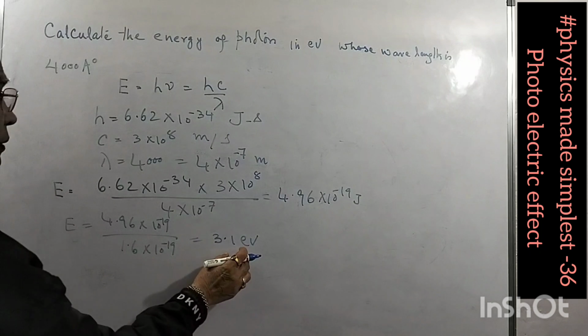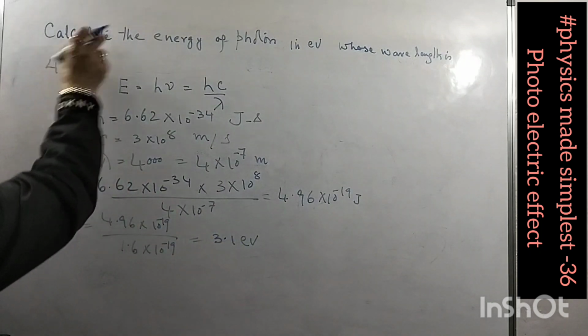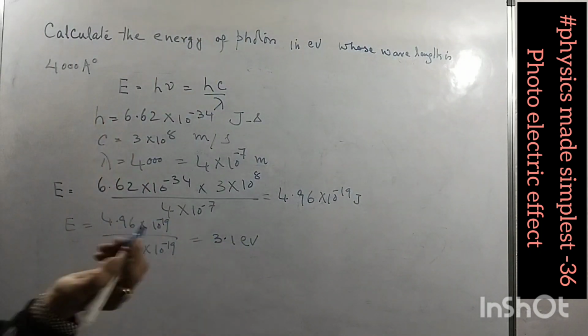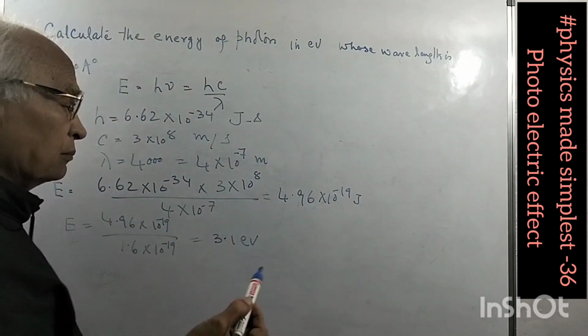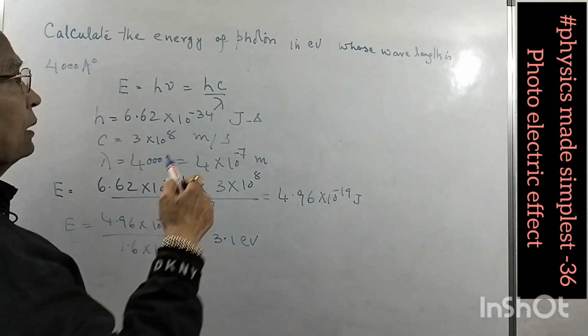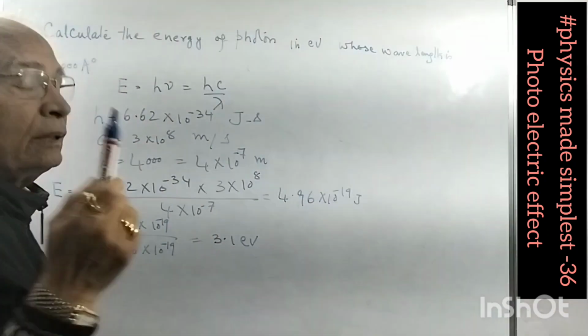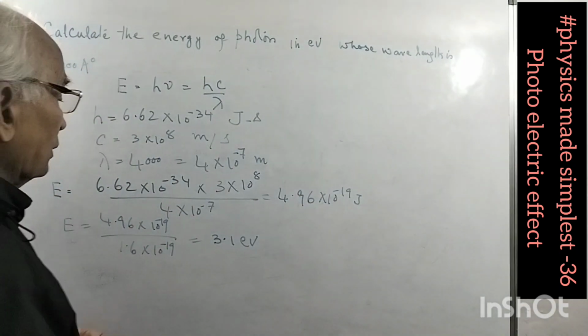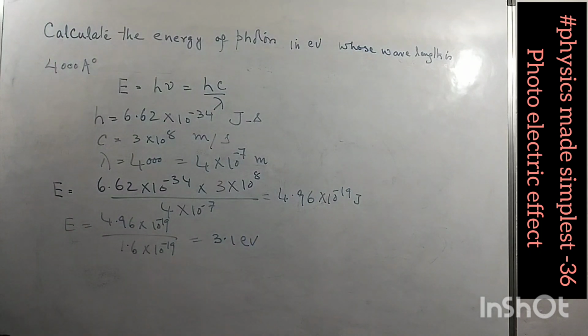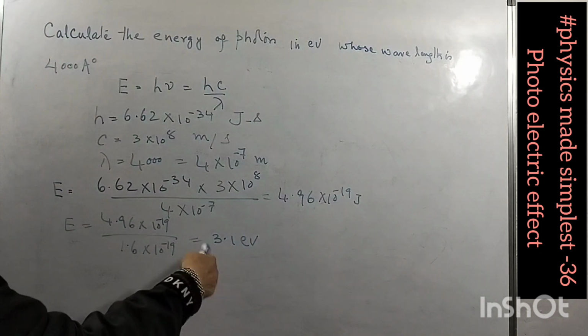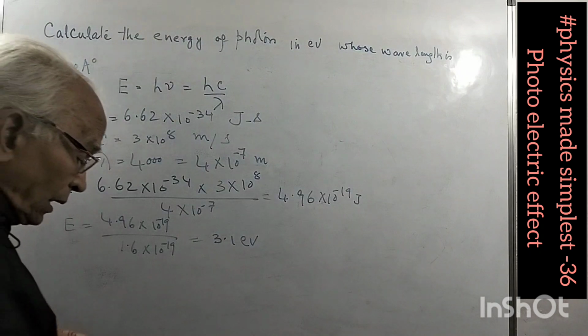So this is the energy of this light wavelength. Visible light lies in this range, 2-3 eV.